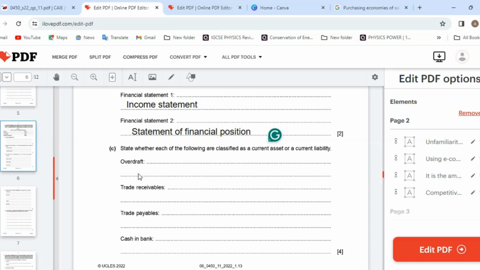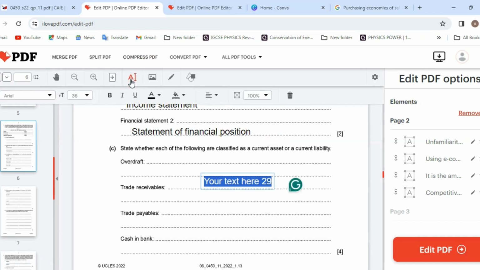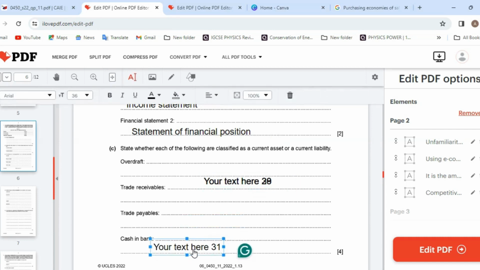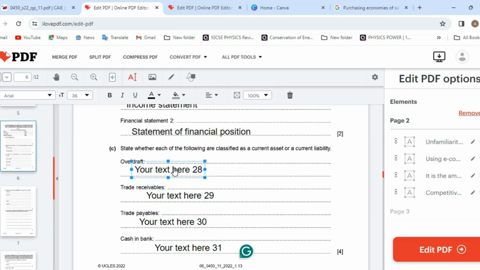Overdraft is a current liability, of course. Let's put this text box in each so that it can make it faster. We classify overdraft as current liability.